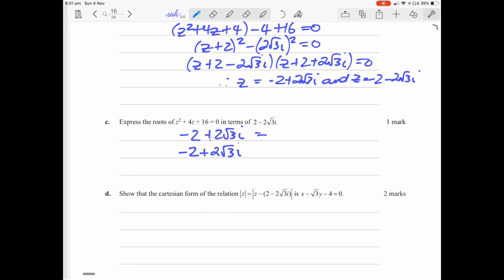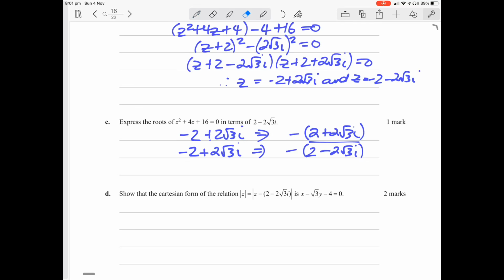So this one here is just negative 2 plus 2 root 3 I. And this one here, that's also negative 2 minus 2 root 3 I, the conjugate of it.